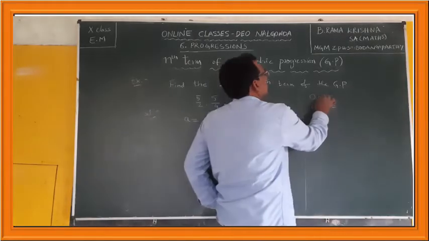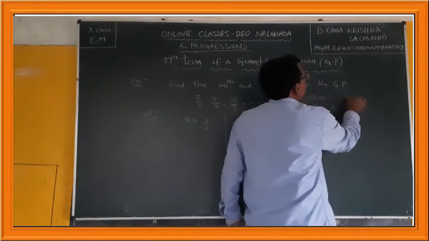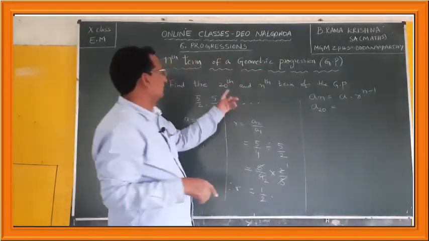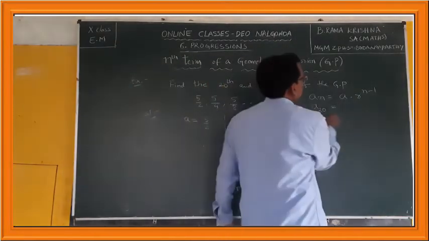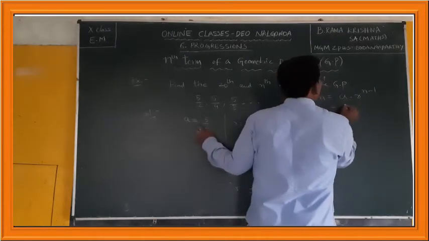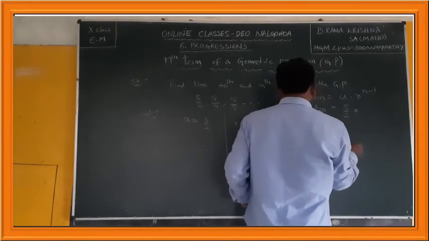Write down the formula so that you do not make any mistake. a sub n equals a into r to the power of n minus 1. In the place of n, what are we writing? 20, because he is asking for the 20th term. So a sub 20 equals a, the first term 5 by 2, into r. R, how much did we get?